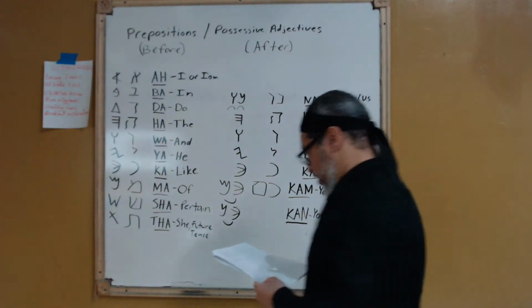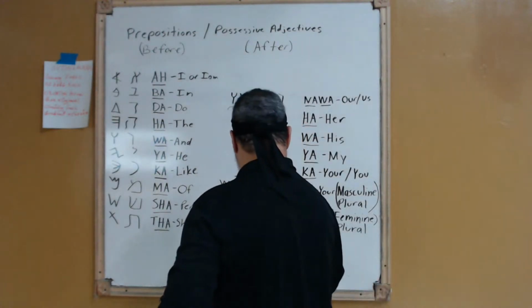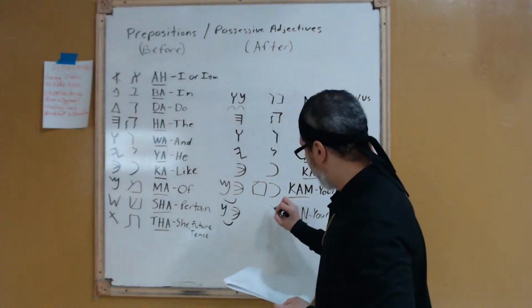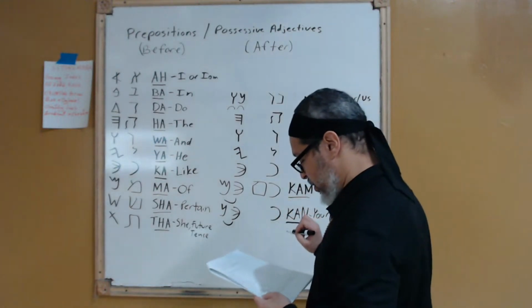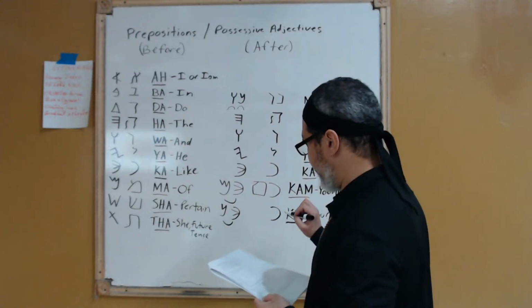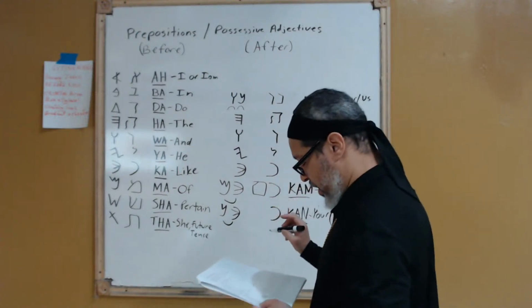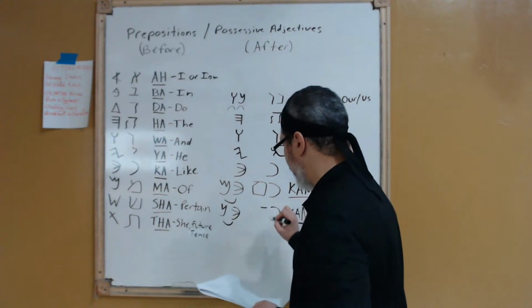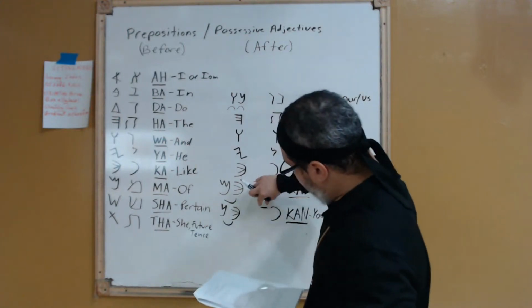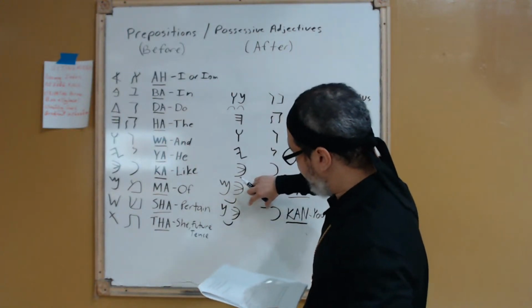And in the modern, it would be ka, and this is at the end of a word now. So the N is the shortened one. It's not as wide as the ka you saw before.